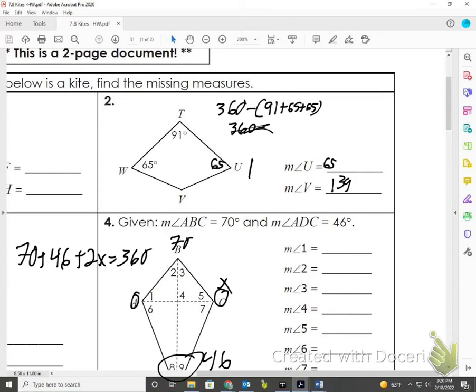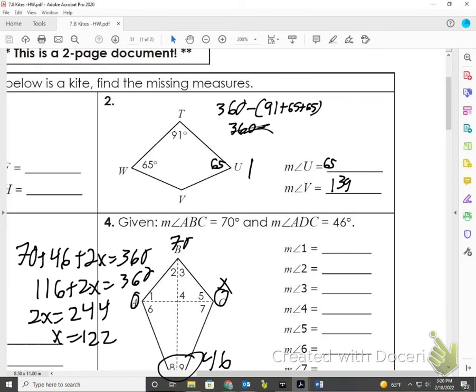So we know that 116 plus 2x equals 360, or 2x equals 244, or x equals 122. So that's angle A and angle C equal 122.